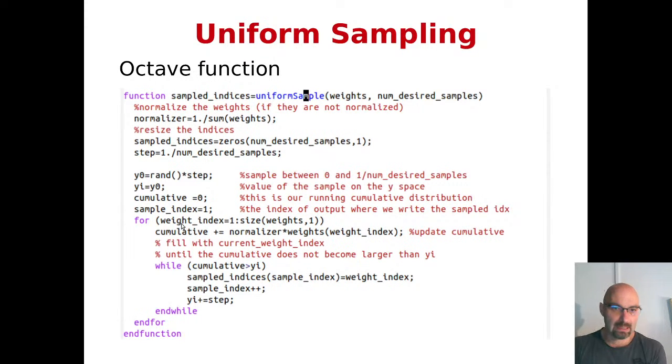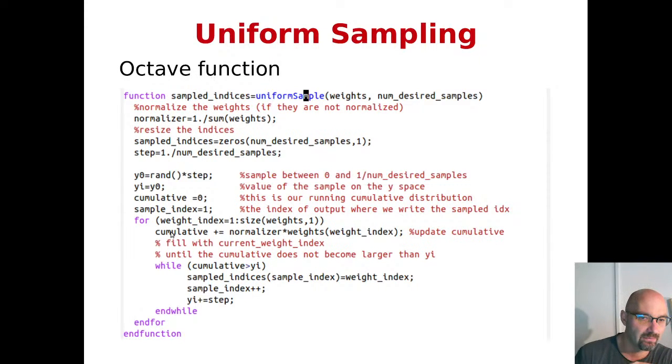At the beginning, you start accounting for the cumulative distribution of the current index. The weight index is the first index. So now in cumulative, you have the value of the probability of the first index.